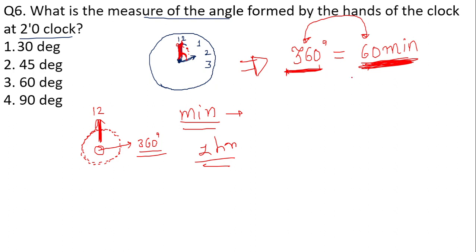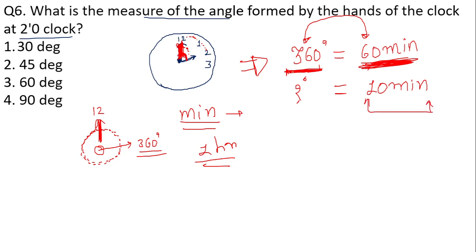So here, if 360 degrees is equivalent to 60 minutes, in 10 minutes, how much degree is this going to cross? Why am I checking 10 minutes? Because if this particular hand moves from 12 to 1, it means 5 minutes. Okay, and from 1 to 2 it means 5 more minutes, so total 10 minutes. Okay, so this is the angle that we have to find here.